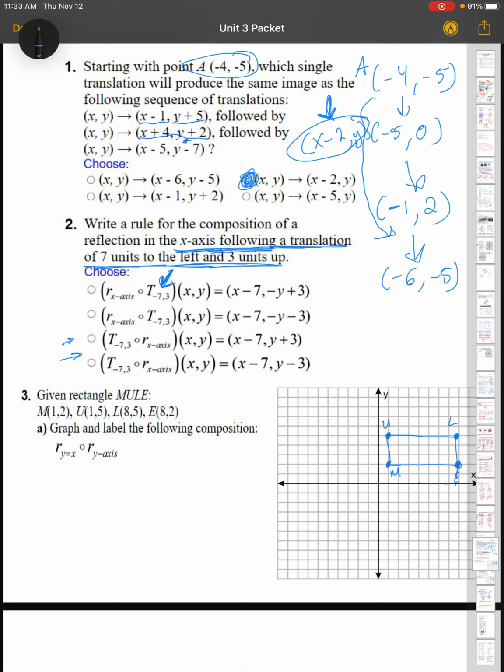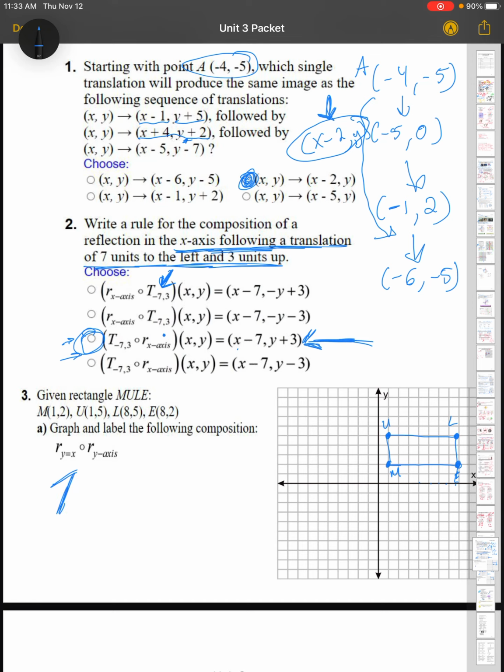An x-axis reflection, we're doing the one on the right side first, and then it says following a translation of 7 units left and 3 units up. That would be this one here, because the notation is +3, -7. This one is minus for both, so we have to make sure we're choosing the correct one.